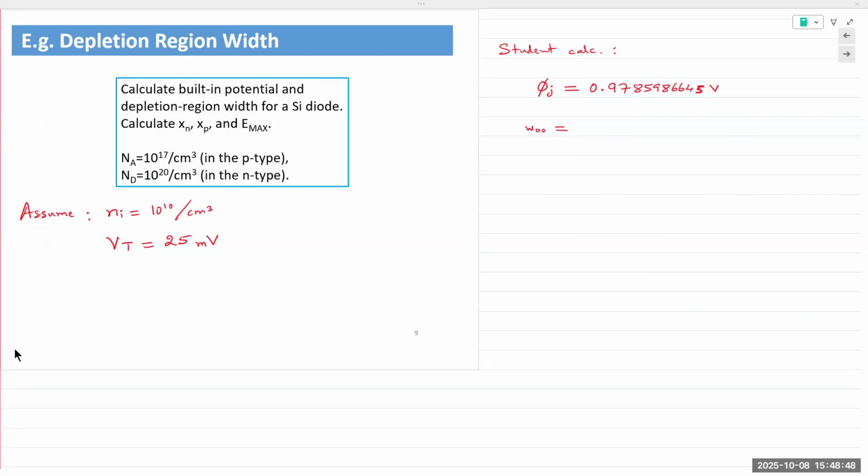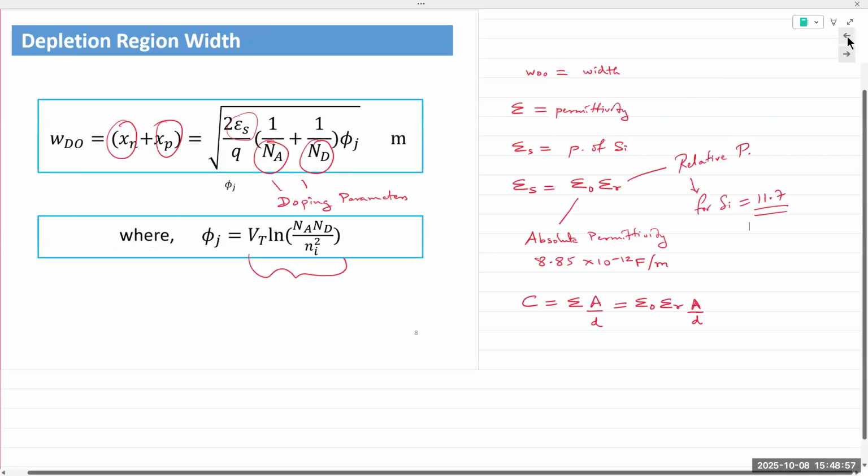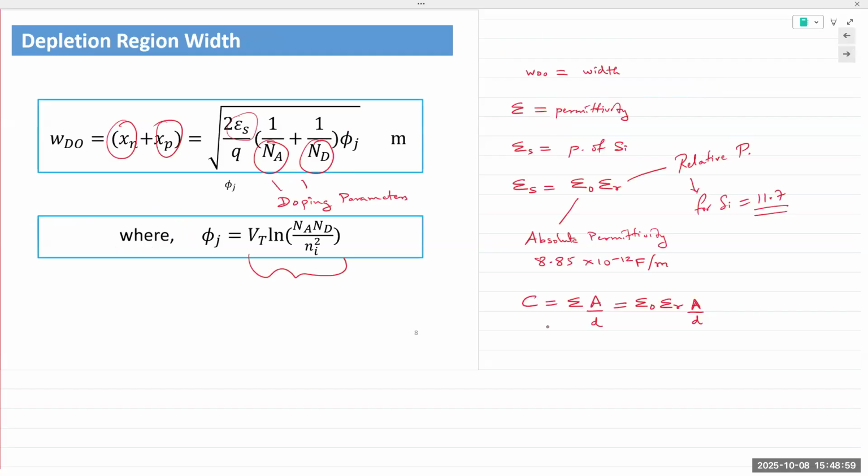Anyone? Q is 1 unit charge, and so 1.6 times 10 to minus 19 coulombs. Actually, let me write it here. 1.6 times 10 to minus 19 coulombs.